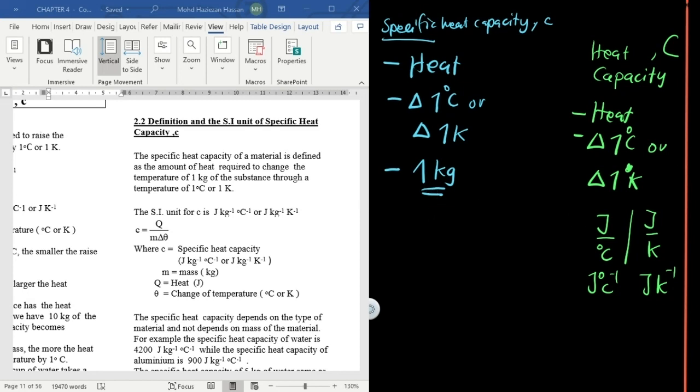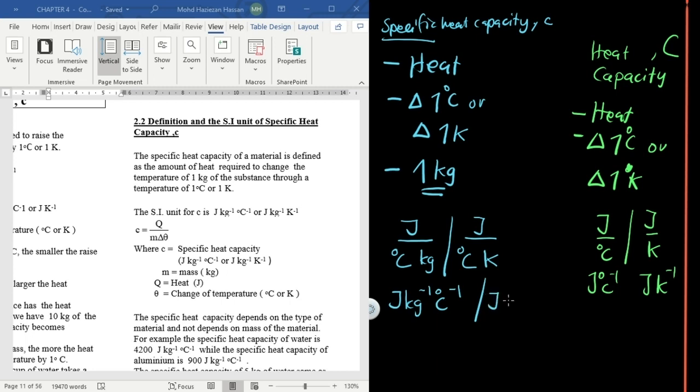That means it is the amount of heat required to change the temperature of 1 kilogram of substance by 1 degree Celsius or 1 Kelvin.